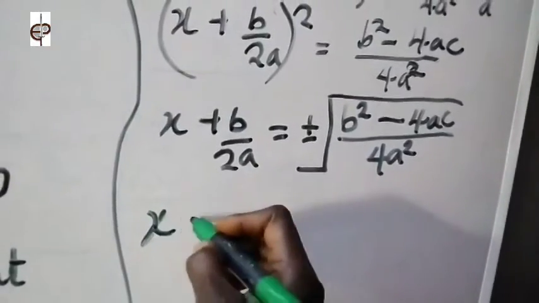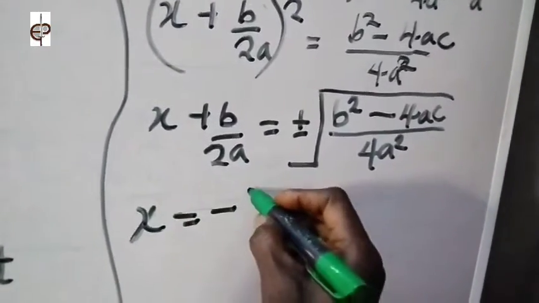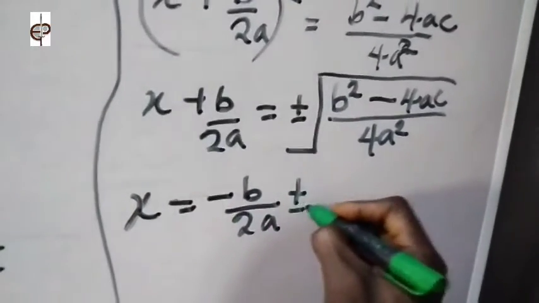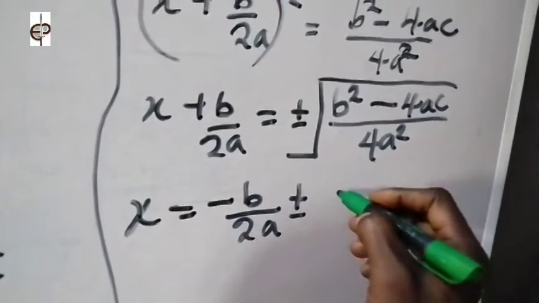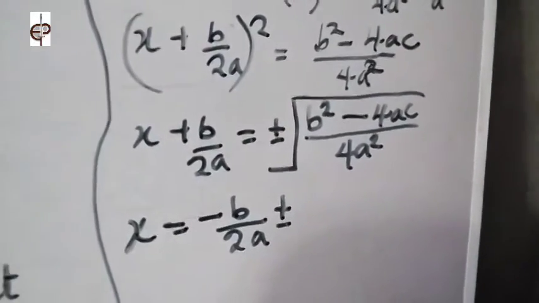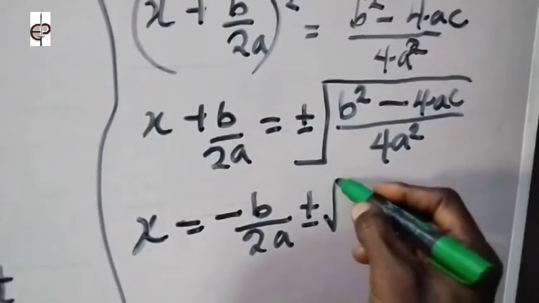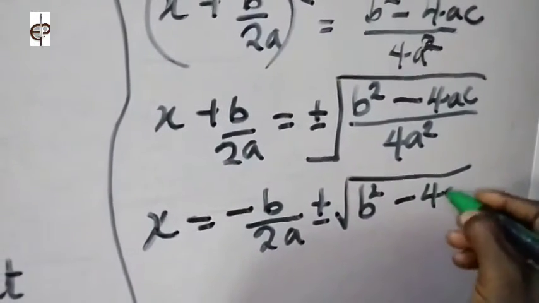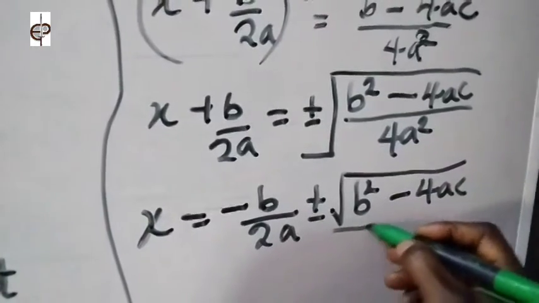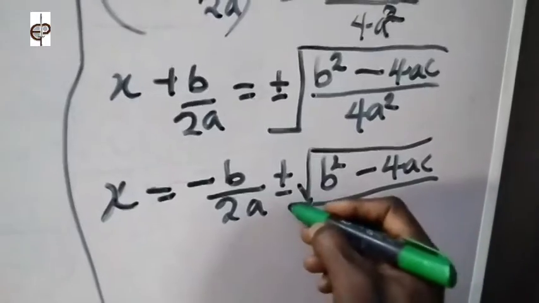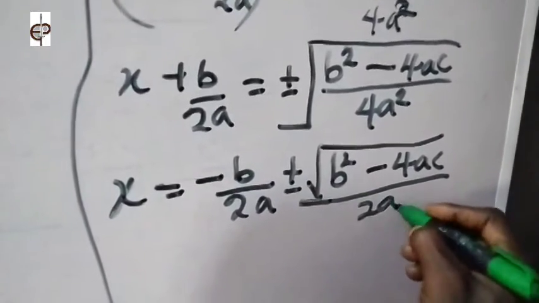It changes to minus b over 2a, plus or minus. The square root of 4a squared becomes 2a, so we're left with the root on top: b squared minus 4ac, over 2a.